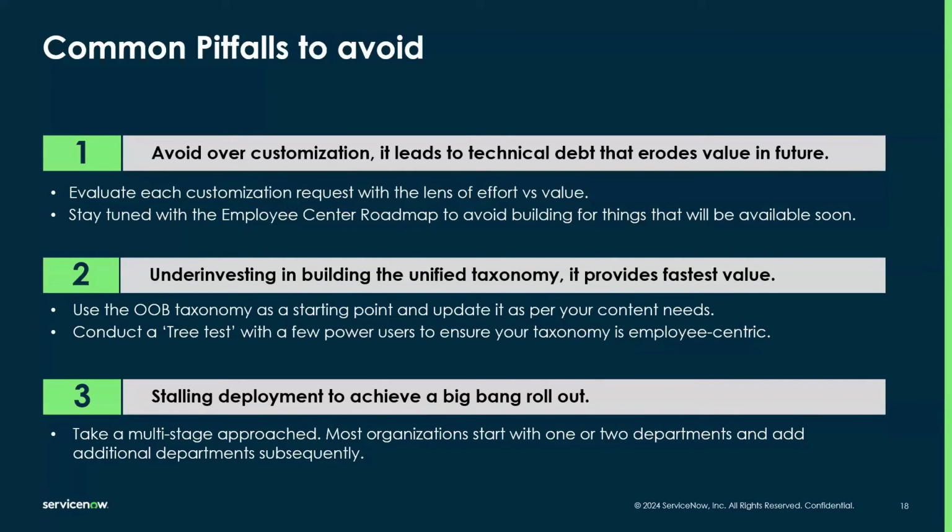So it's not necessary that you start from the very end of the maturity curve. You can start small and slowly add additional departments. It could be adding additional use cases. So you start with just a few of the capabilities that are available and slowly add additional capabilities. So that's the best approach.